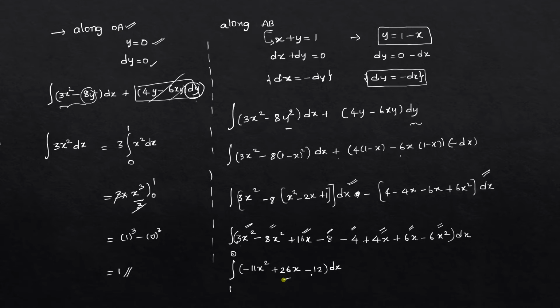See here, 0 to 1 minus 11x square plus 26x minus 12, entire thing under dx. Now we have to split: integral minus 11x square plus integral 26x minus integral 12, all with respect to dx.